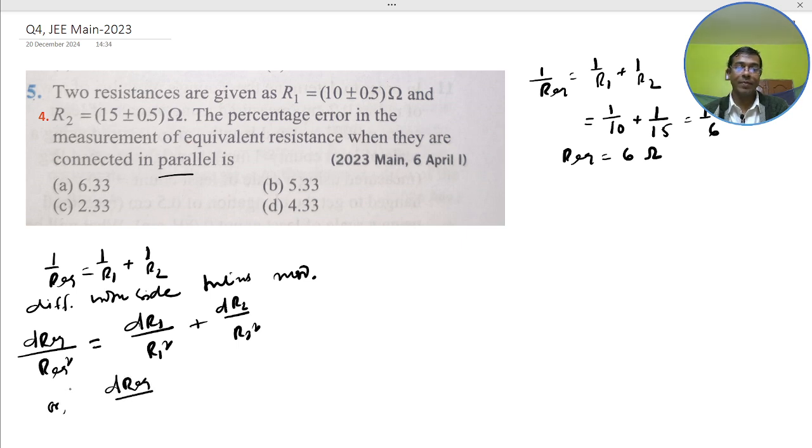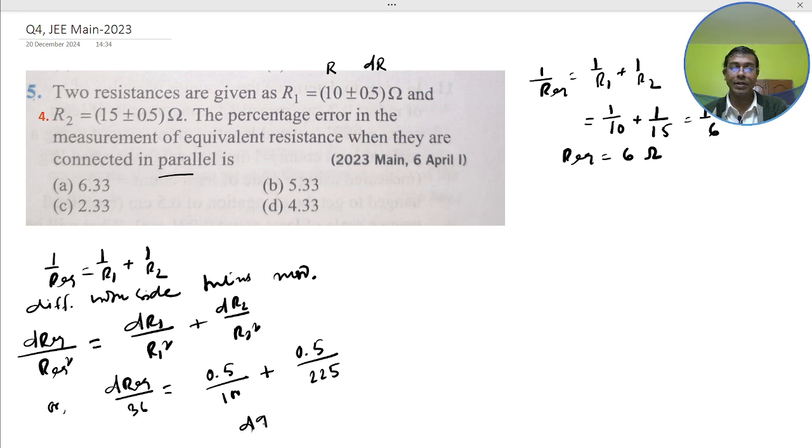Just put this value here: dR equivalent by R equivalent square, 6 square is 36, is equal to dR1 by R1 square, where this is del r and this is r. So dr means 0.5 and R1 square is 100, plus 0.5 by 225.